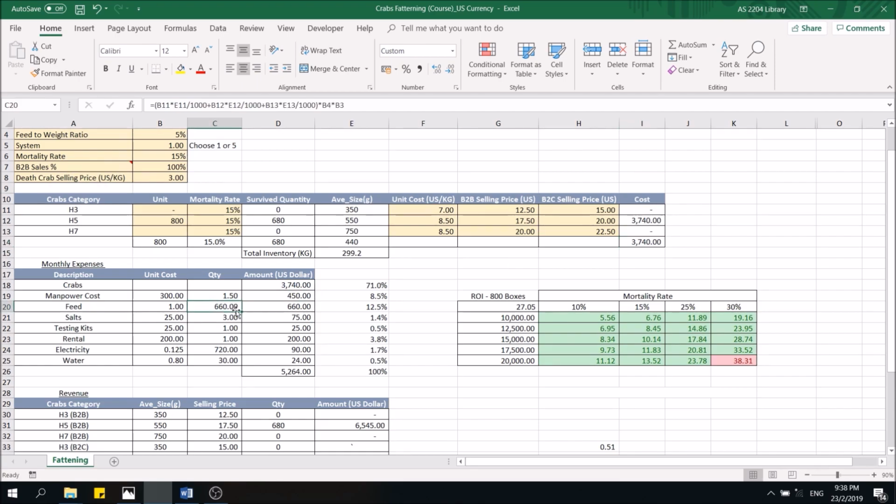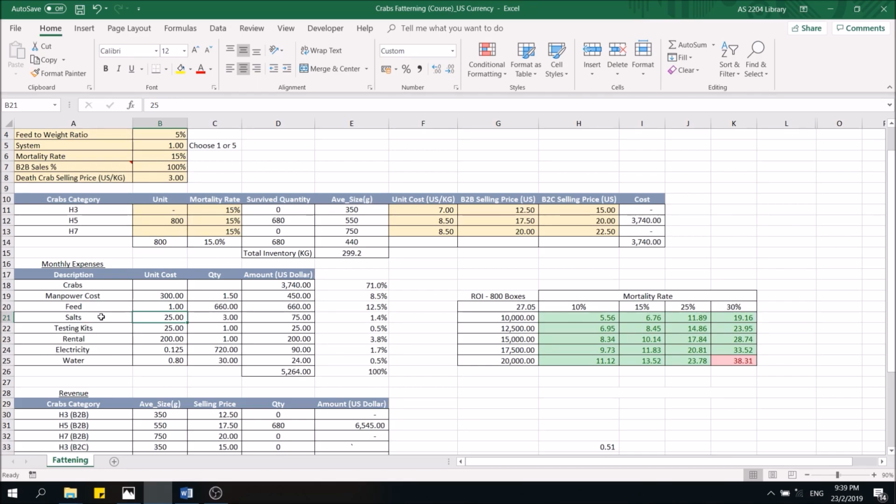Next, we have feed. A typical feed cost in Southeast Asia is around $1 per kg for trash fish, and for pellet feed, you can go up to $1.25. So you see the formula here. It means I calculate total number of crabs times the feed to weight ratio and times 30 days. Next, we have salt cost. Somebody may draw water from the sea, and some may make seawater from artificial salt.